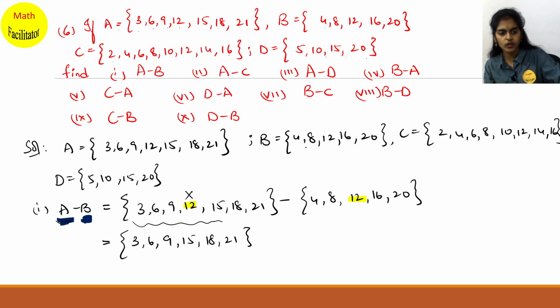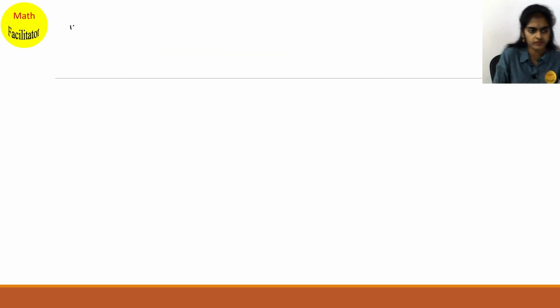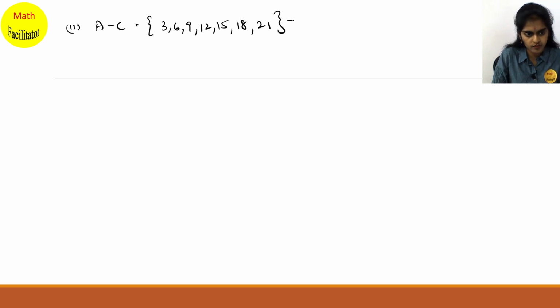Now let us find out what is A minus C. A is nothing but 3, 6, 9, 12, 15, 18, 21 minus C, which is a set containing 2, 4, 6, 8, 10, 12, 14, 16.